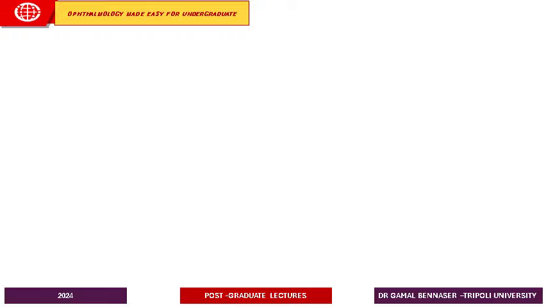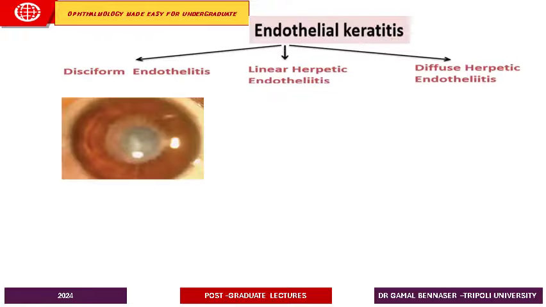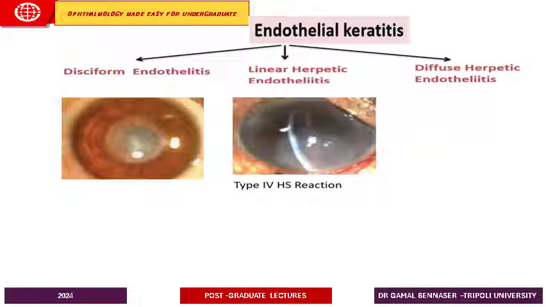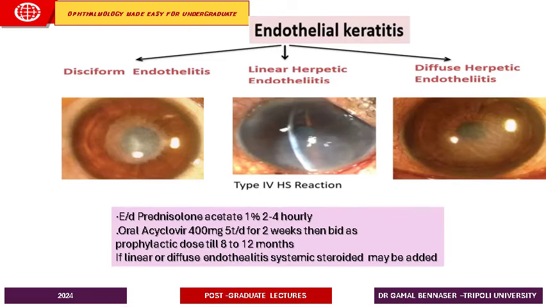As far as the management of endotheliitis, if it is just disciform endotheliitis, topical steroids may be enough to resolve the problem. And if it is due to linear endotheliitis or diffuse endotheliitis, it requires topical steroids along with systemic steroids, as well as systemic antiviral as a prophylactic dose, at least 400 milligrams 5 times a day for 2 weeks, and should be continued for at least between 6 to 12 months.